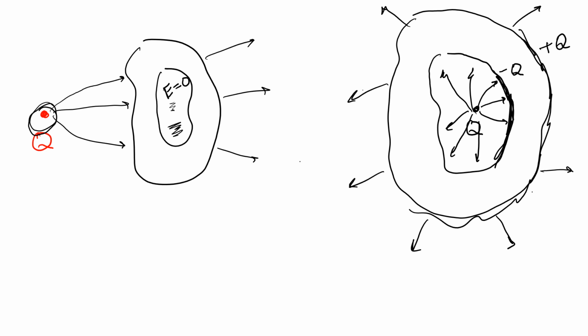If there is charge present inside, the conductor will not make the electric field go to zero in the outside world. It would shield the inside from the outside, but it doesn't shield the outside from the inside. Please keep that in mind.